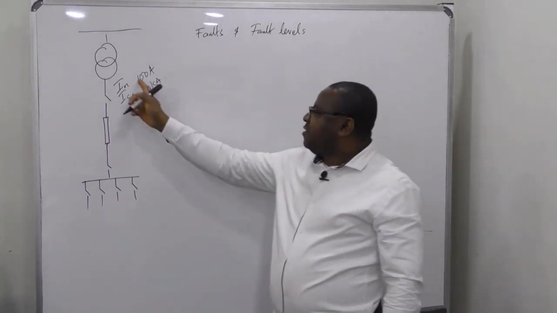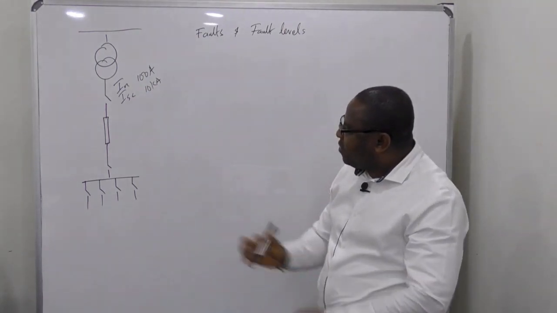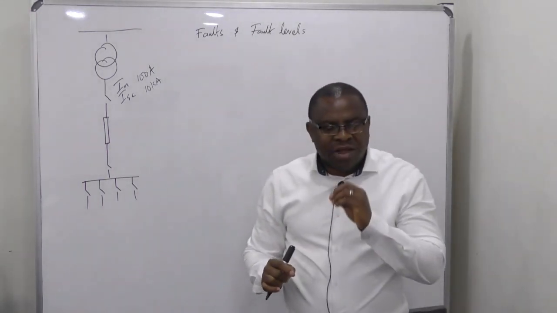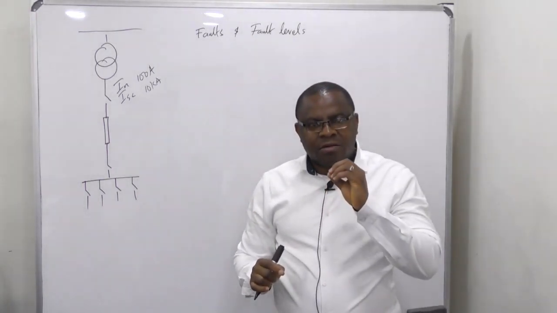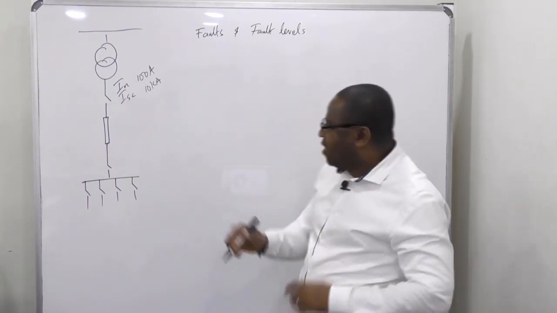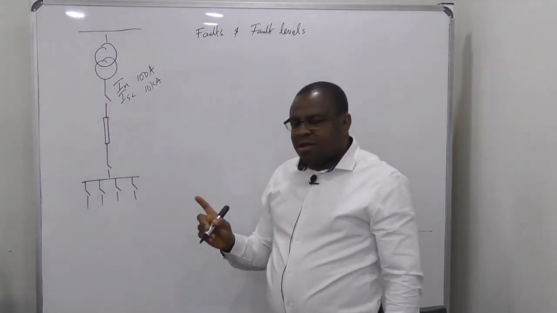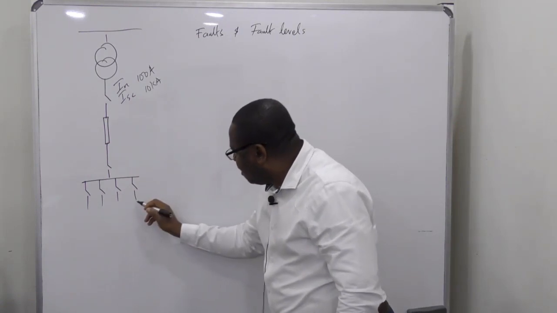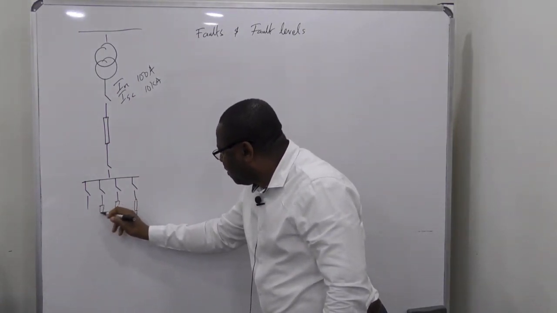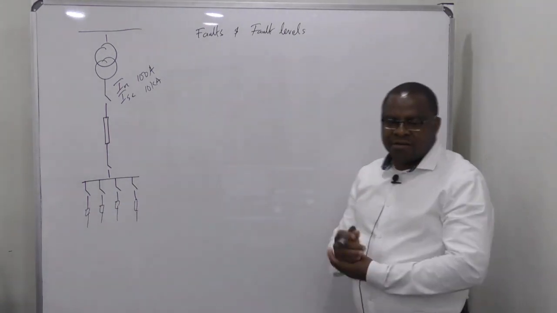That's the nominal rating and the short circuit rating. All right? And also our cable, when we size our cable, should be able to handle the maximum fault current without damage. And the essence of this breaker here is to protect this cable. The essence of all these breakers is to protect the cable feed, all these cables. All right?